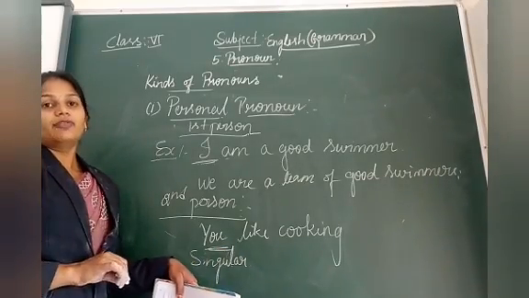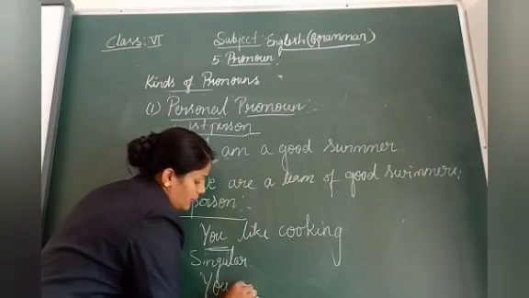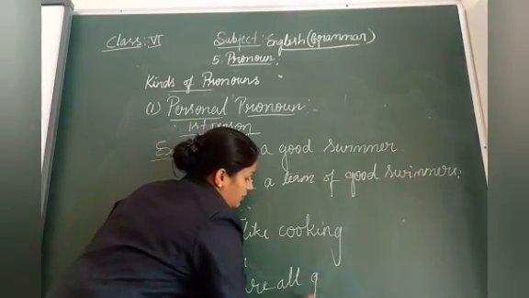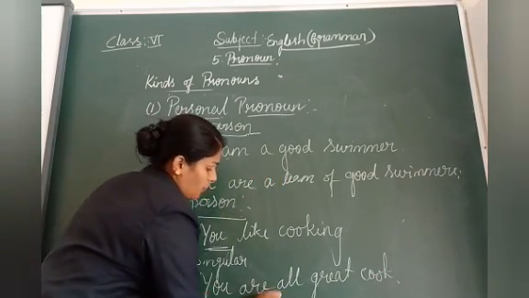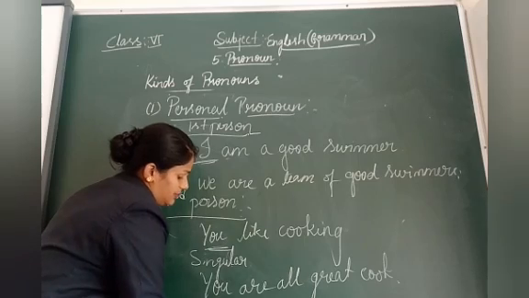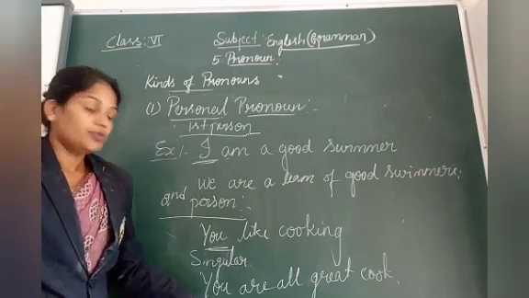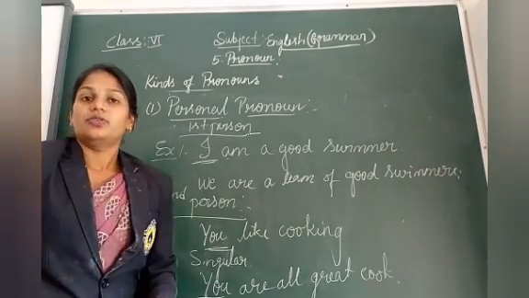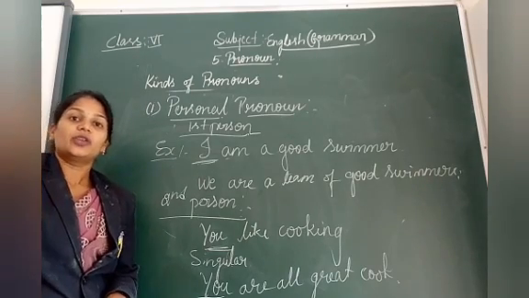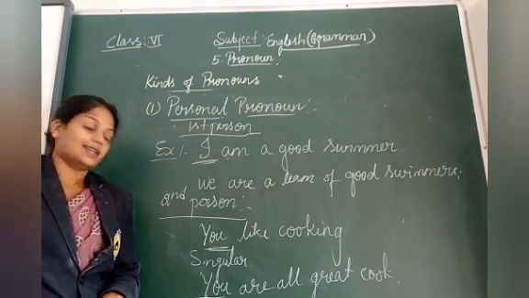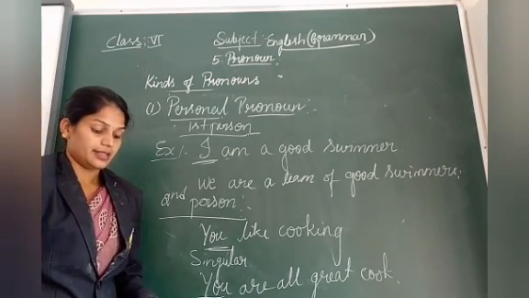In the plural form, you are all great cooks. See, you are. So it is plural. Clear? And see, you is used as a plural form, and we are adding more than one cook and used as the subject. So let's see a third person.